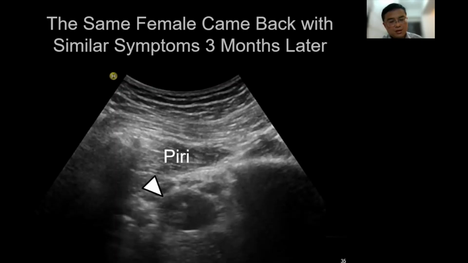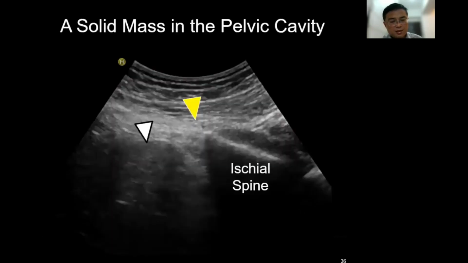On that ultrasound image, we can find that there is a hypoechoic mass underneath the piriformis. And the mass is actually very close to the pudendal nerve. You can see this is the ischial spine, so the pudendal nerve is interposed between two ligaments.